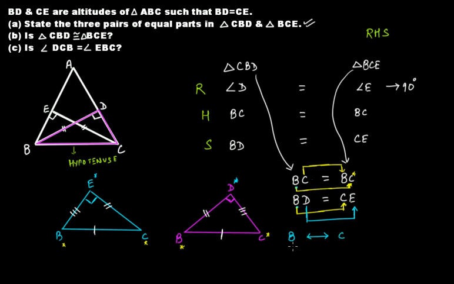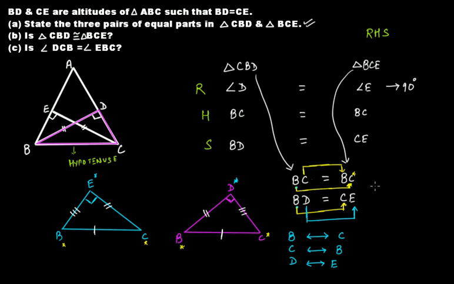Then C vertex of triangle CBD is in correspondence to B vertex of triangle BCE, and then D vertex of triangle CBD is in correspondence to E vertex of triangle BCE.